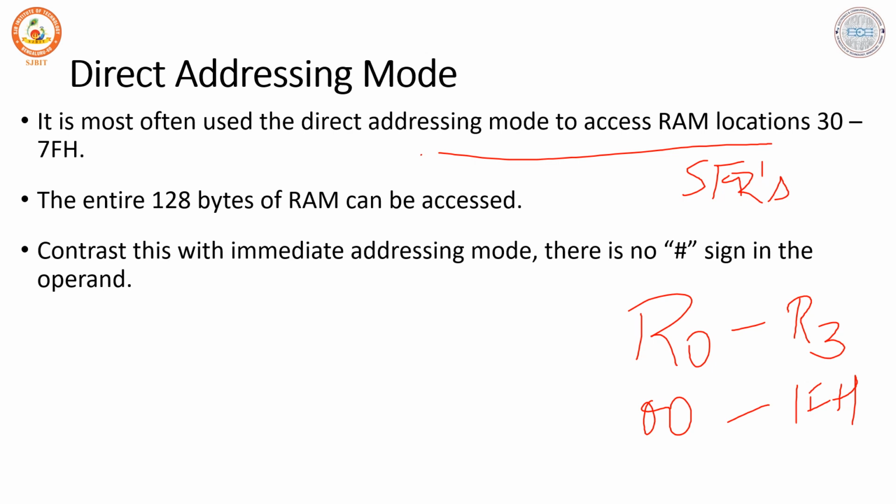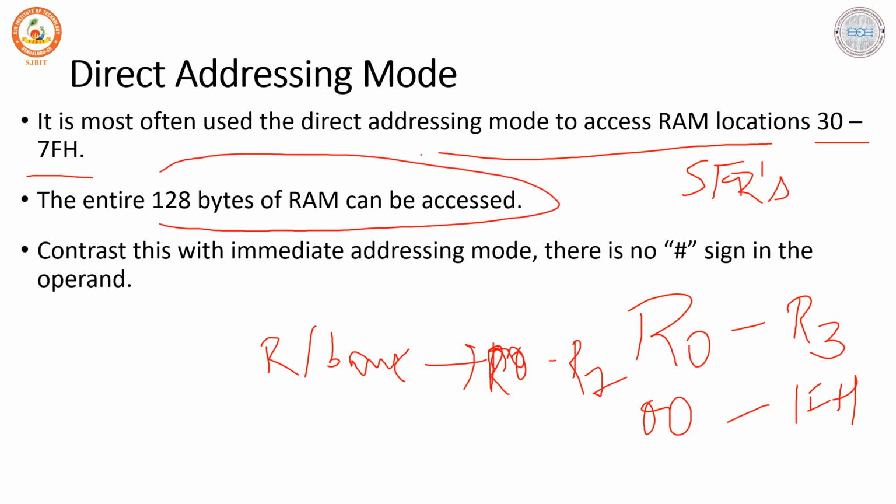So for one bank, say bank 1, I can take R0 to R7. Like that we can make use of it. And with respect to the RAM locations, here we can take the address location starting from 30 to 7FH, and the entire 128 bytes of RAM can be accessed.